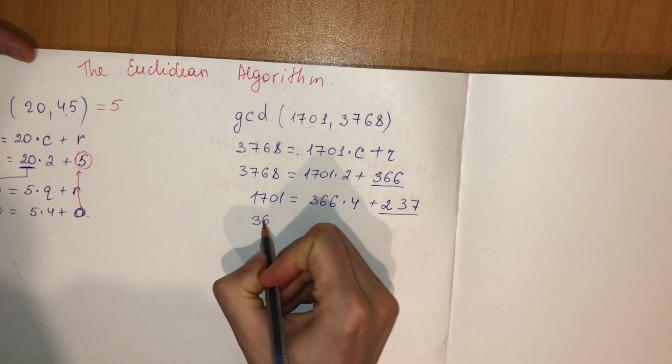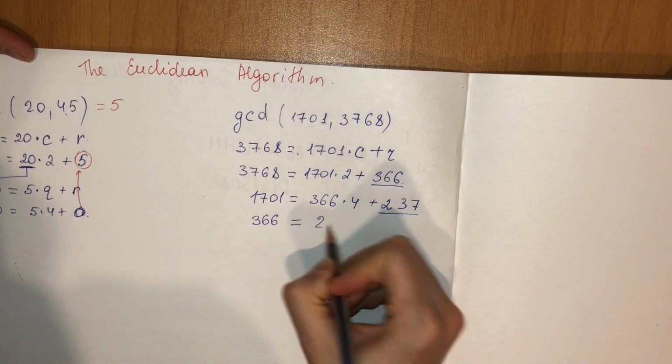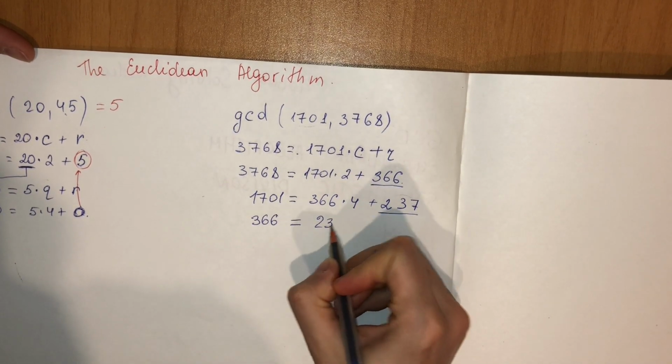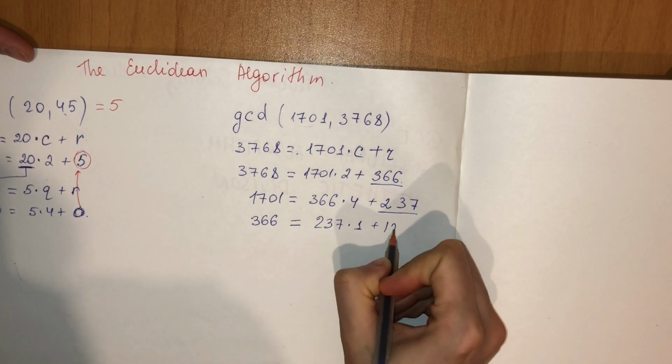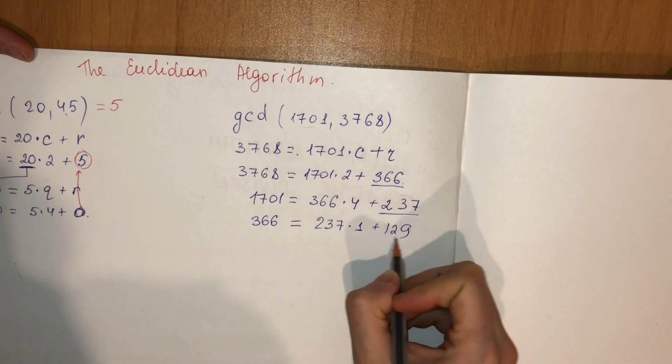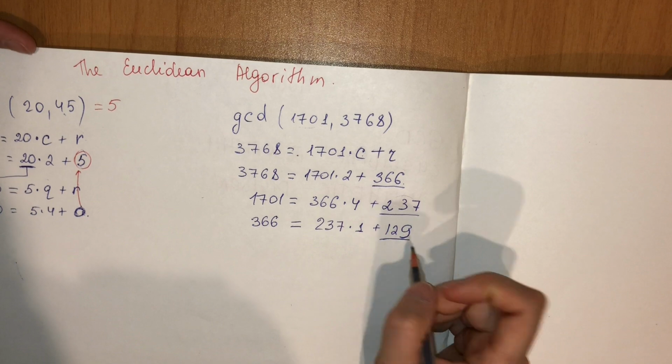So 366 is equal to 237 times 1 plus 129. Okay, the remainder is again not equal to 0.